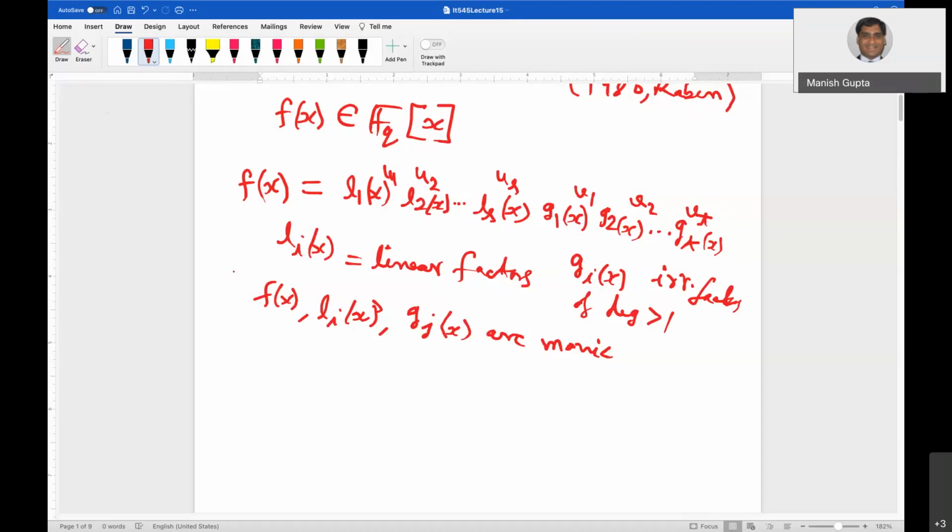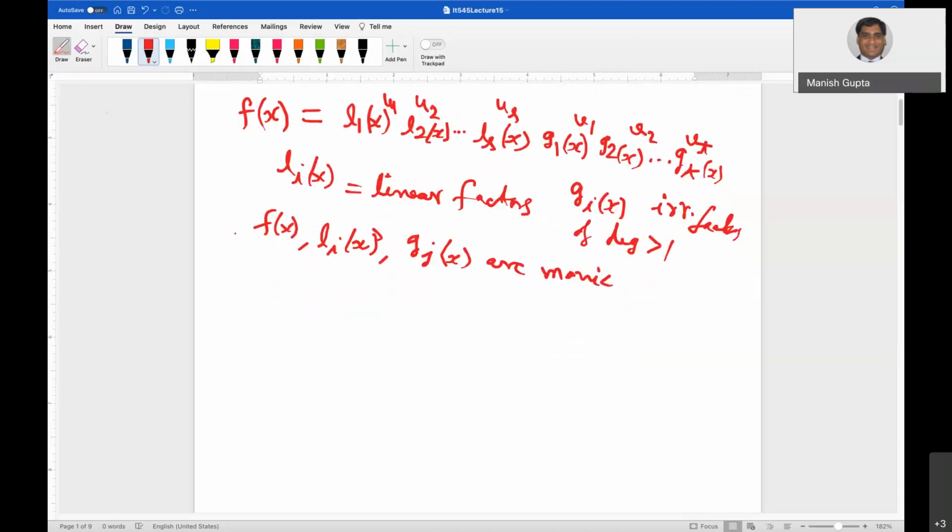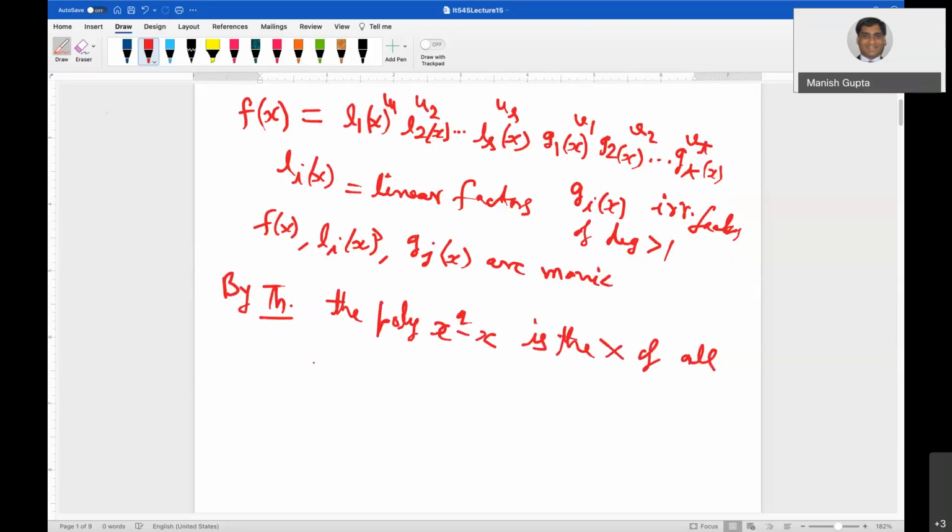Now, from the last class, by the theorem that we know, this is a key, tricky polynomial that we are going to use: x^q minus x, is the product of all monic linear polynomials in F_q[x].